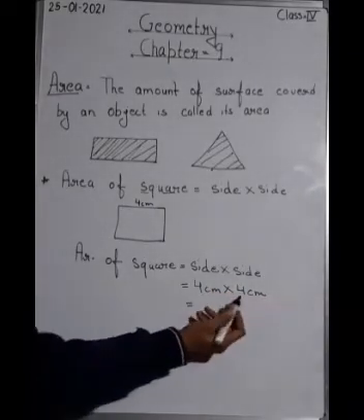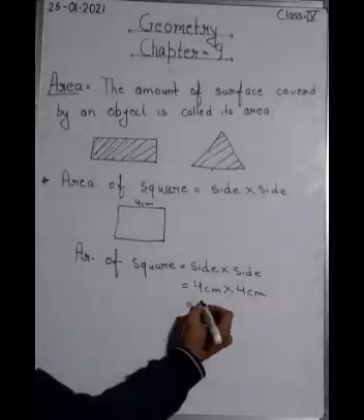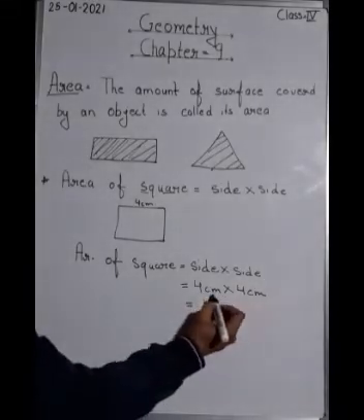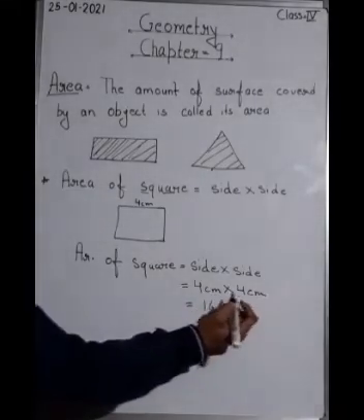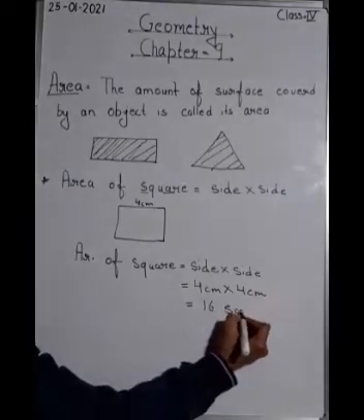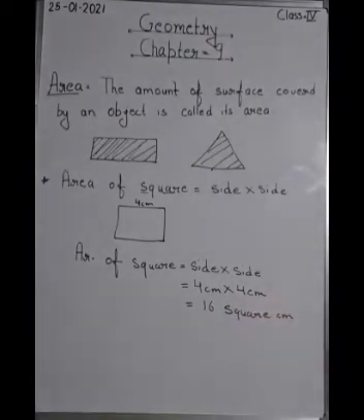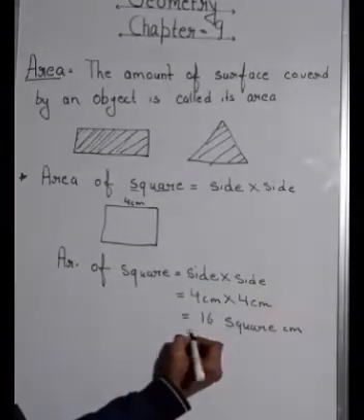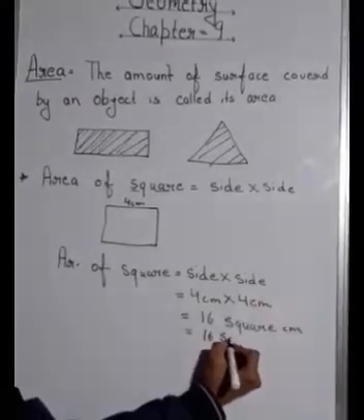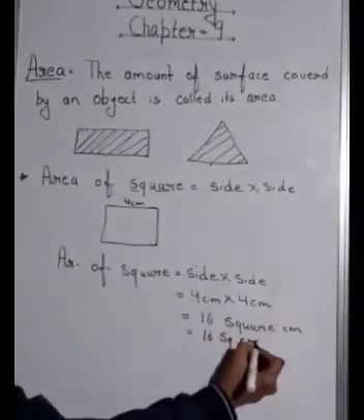Now 4 fours are 16. So this will be 16. And when you multiply centimeter into centimeter, you will get square centimeter, or square meter. In short, you will write it as 16, with square written like this, centimeter.